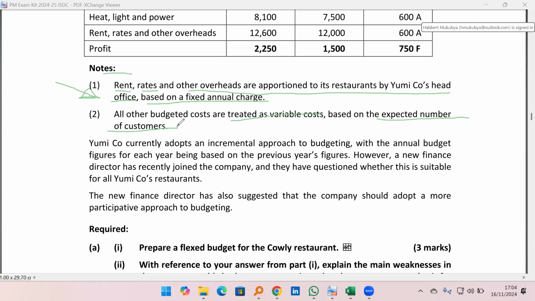So if we proceed, Yumi currently adopts an incremental approach to budgeting. So that is what they are already doing. So the question was asking us, what is the problem with what they are already doing? And you see how they are defining incremental budgeting.